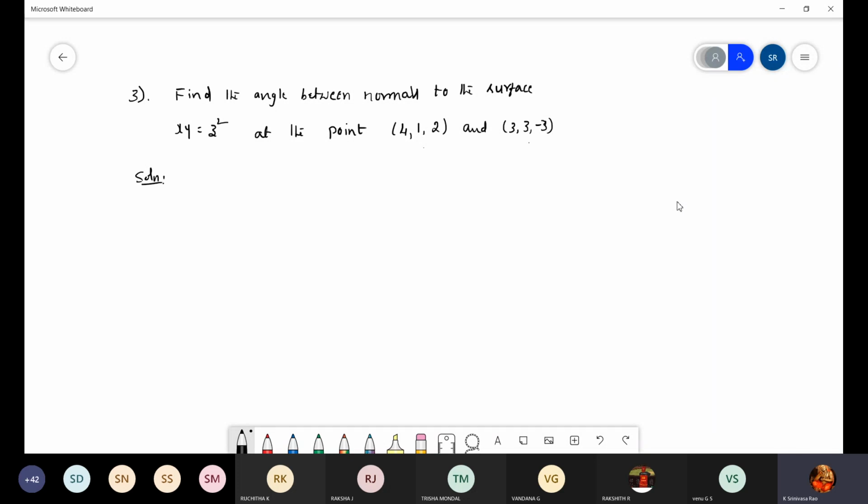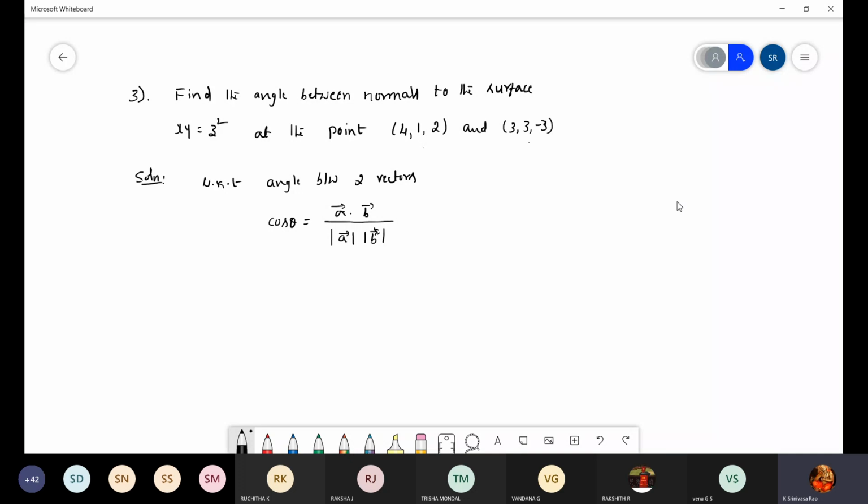We know that the angle between two vectors: cos theta equals vector A dot vector B divided by magnitude of A, magnitude of B. Here, for the above alphabets you should write arrow marks. So first you have to calculate two vectors and their magnitudes, then substitute in this formula.